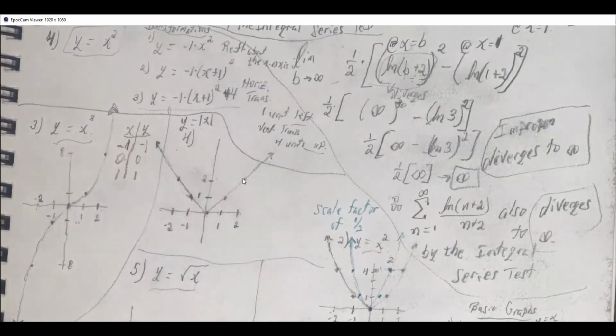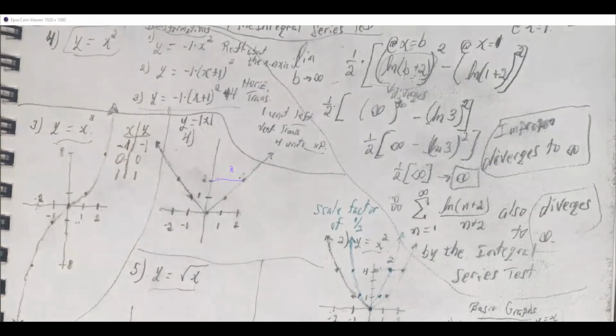So how far away is this distance currently, Griselda? 2 units. This is 2 units away from the y-axis. Is it going to be now twice that and say 4, or is it going to be half the distance? Half the distance.